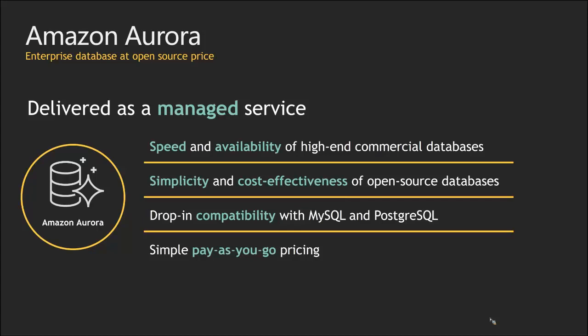It provides the speed and availability of high-end commercial databases, but with the simplicity of open source databases. So Aurora is based on two popular open source databases, MySQL and Postgres, and it offers drop-in compatibility with those databases. So basically, any application that you wrote for MySQL or for Postgres will run with no modifications on Aurora, your choice of whether you want MySQL or Postgres compatibility.